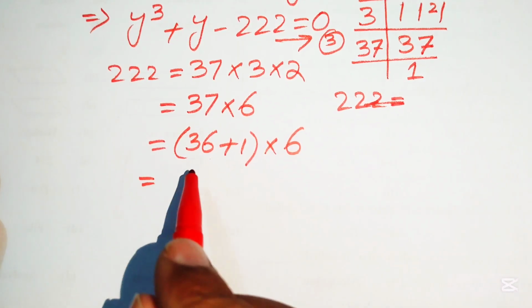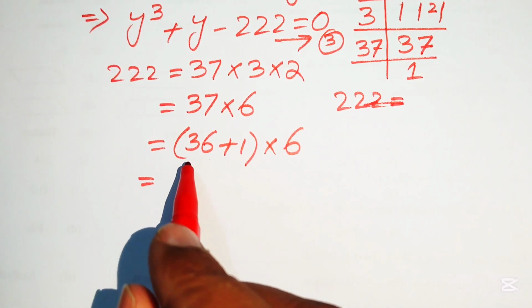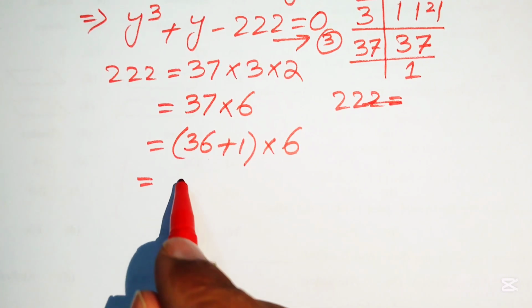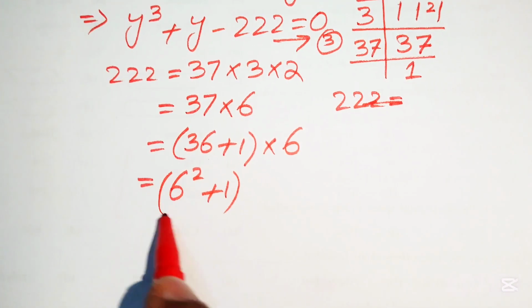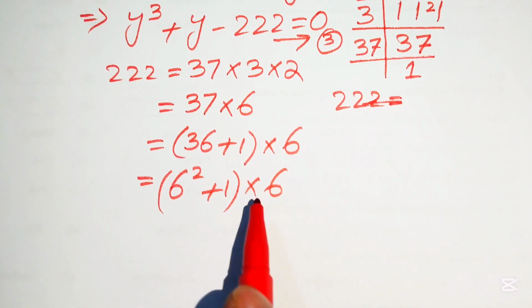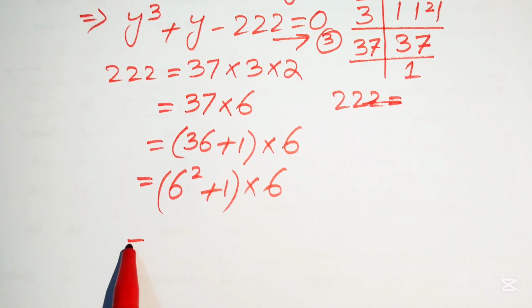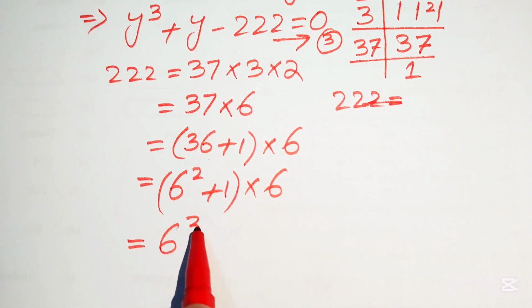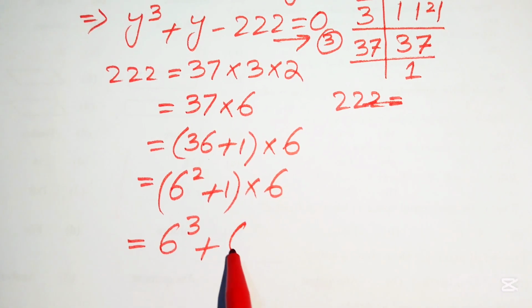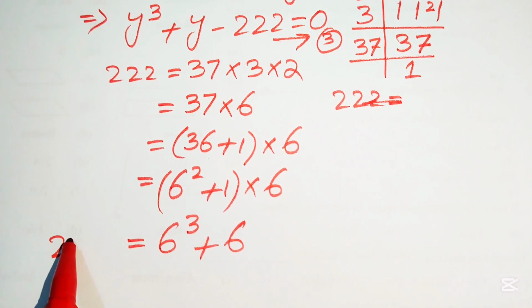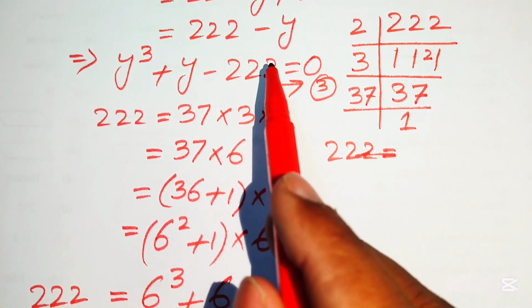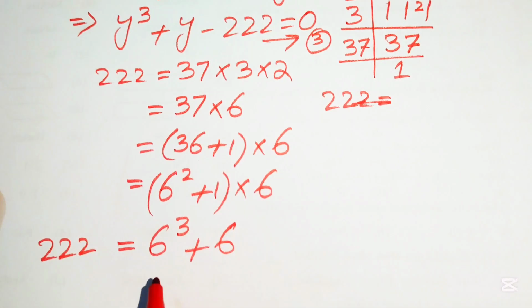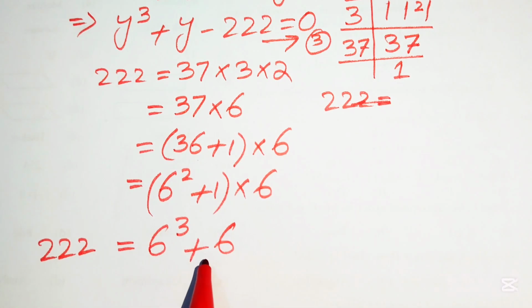So we write this 36 as 6² + 1, and it is multiplied by 6. Here we multiply the 6 on both of these terms, so it will be written as 6³ + 6. So we have this 222.